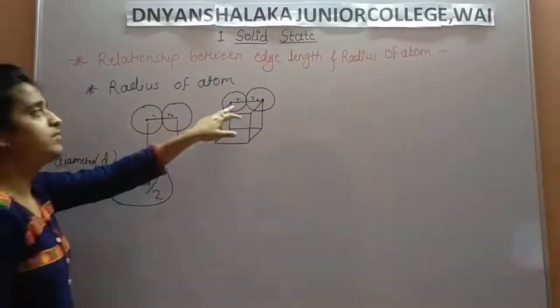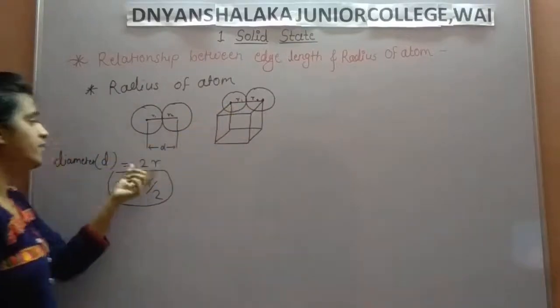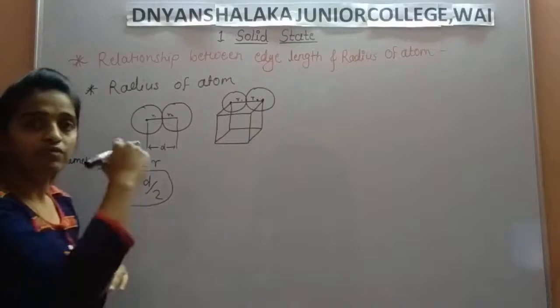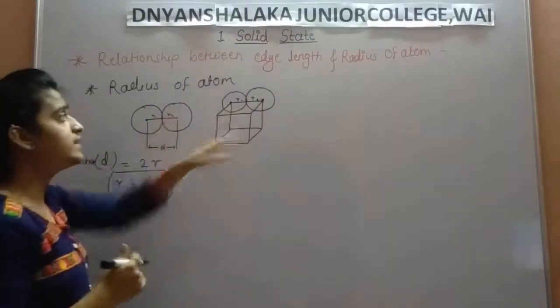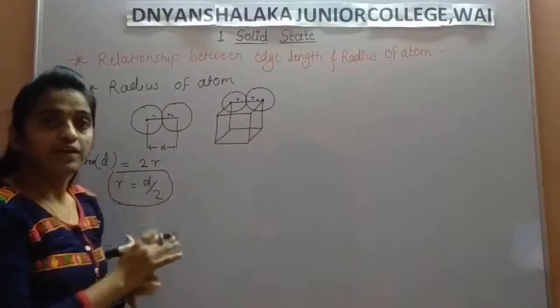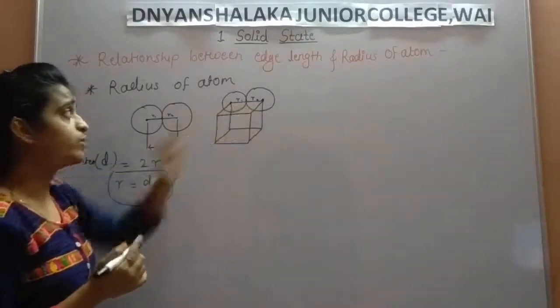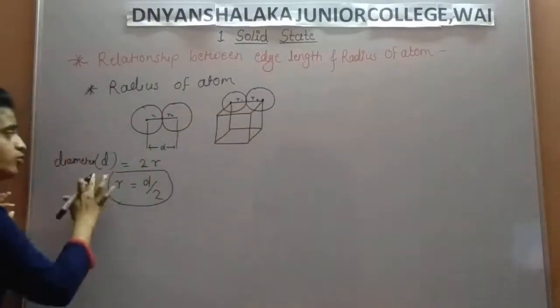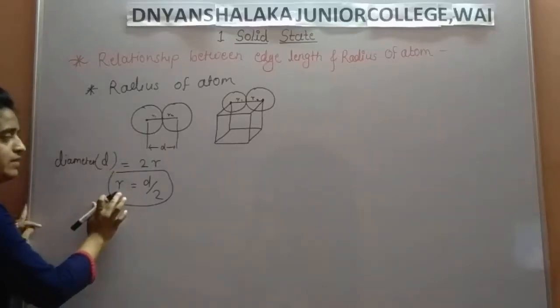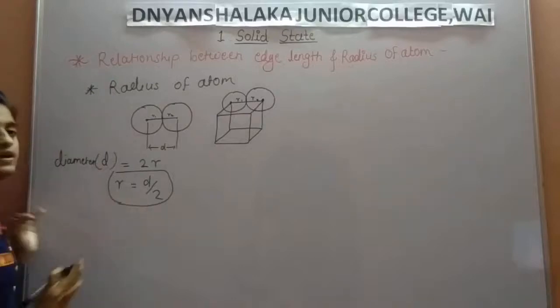So the distance between R1 and R2 we calculated as 2R. Only one side of the cube is considered, with two spheres. So how to calculate the diameter of this sphere?